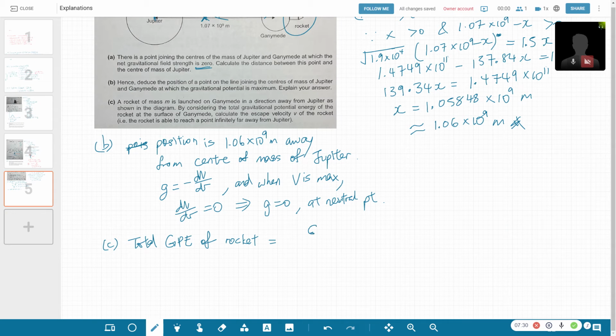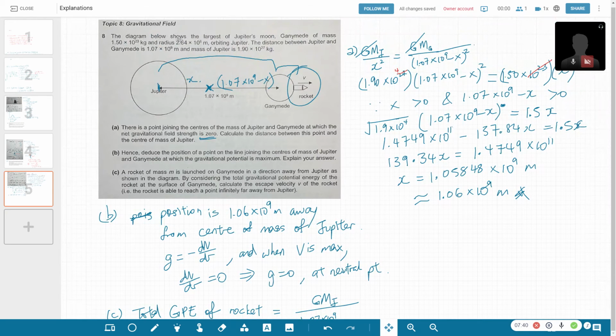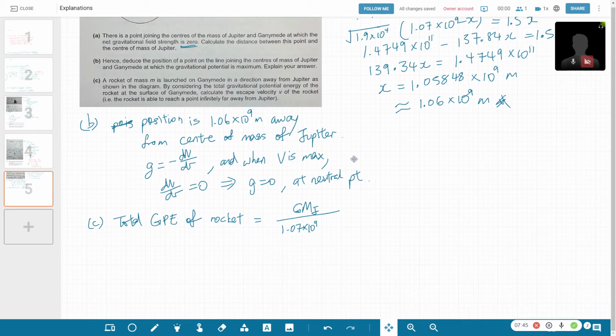The total is negative G mass of Jupiter over 1.07 times 10 power 9, which is the distance here, plus the radius of Ganymede, 2.64 times 10 power 6. It's not big, but it can still affect a little bit.